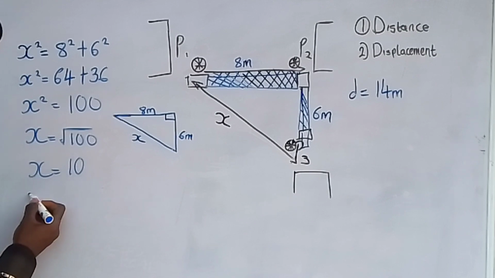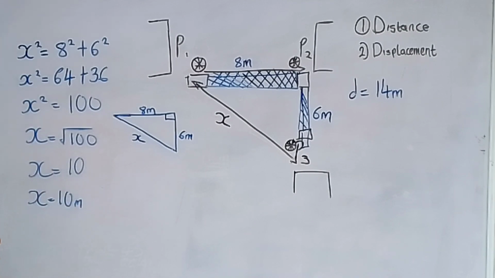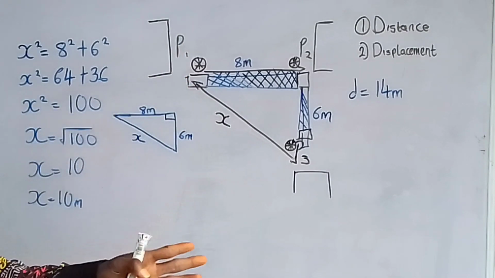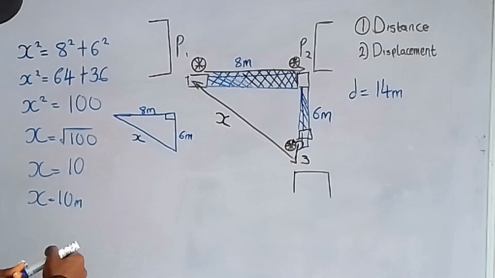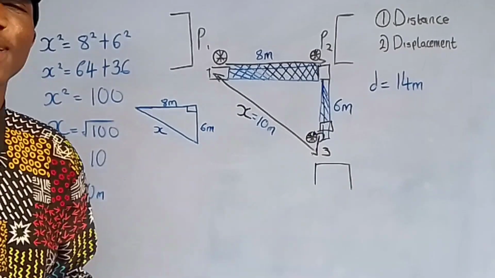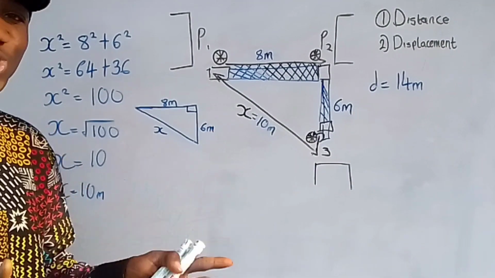So in that case, the displacement x is equal to 10 meters. The shortest distance of the ball from player 1 to player 3 is 10 meters. So therefore, I can represent this as 10 meters. Now you can differentiate between the distance and the displacement of an object that is in motion.